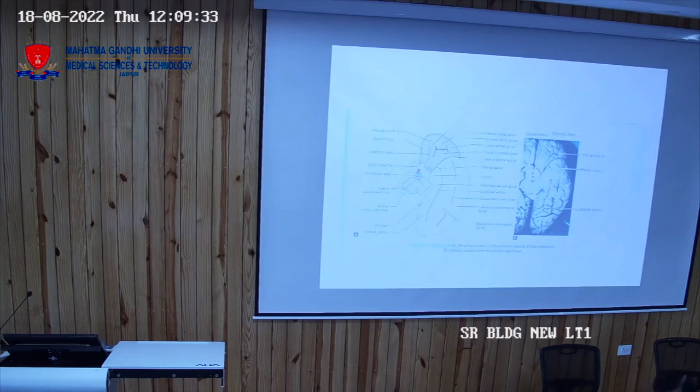The invaginated parts of the surfaces of the cerebral hemisphere are called sulci, and the raised part between these two sulci is called gyrus. Then the question may be asked, why don't the surfaces become smooth? The reason is to increase the surface area of the cerebral hemisphere. To increase the surface area, the sulci and gyri are present.